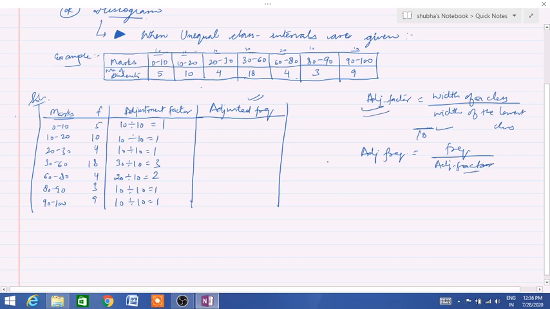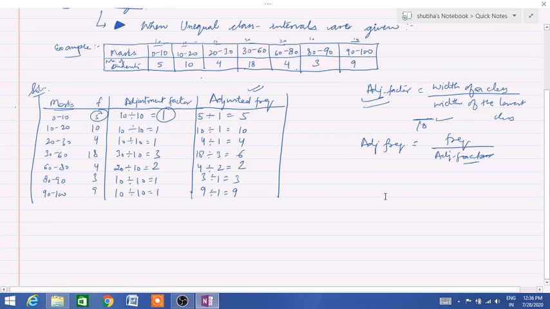So the adjusted frequency is 5 divided by 1 is 5, then 10 divided by 1 is 10, 4 divided by 1 is 4, then 18 divided by 3 is 6, 4 divided by 2 is 2, 3 divided by 1 is 3, and 9 divided by 1 is 9. So this is how we found the adjusted frequency.